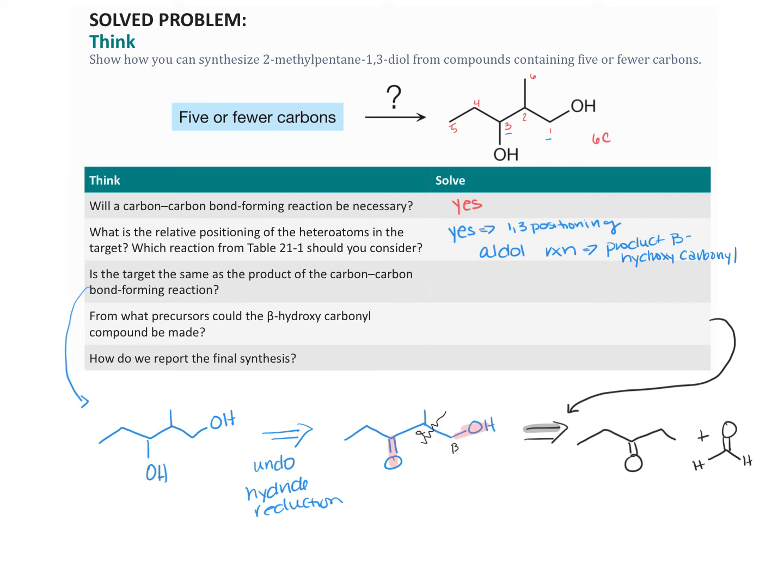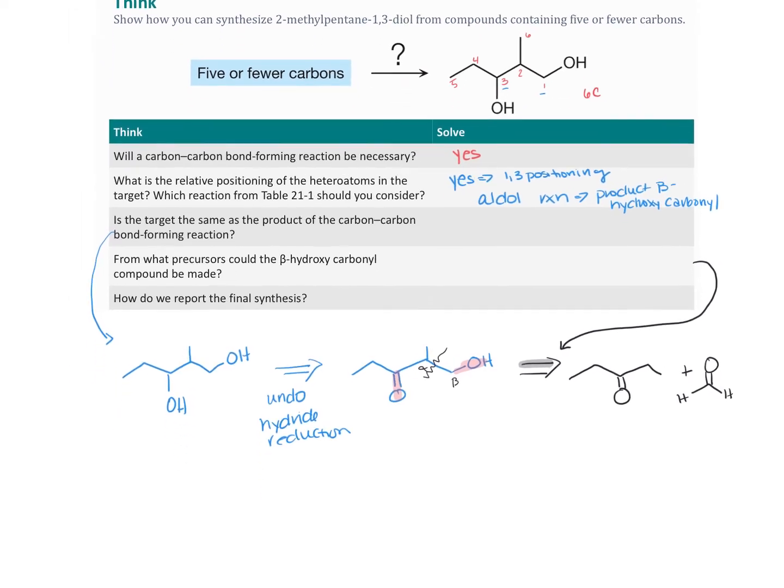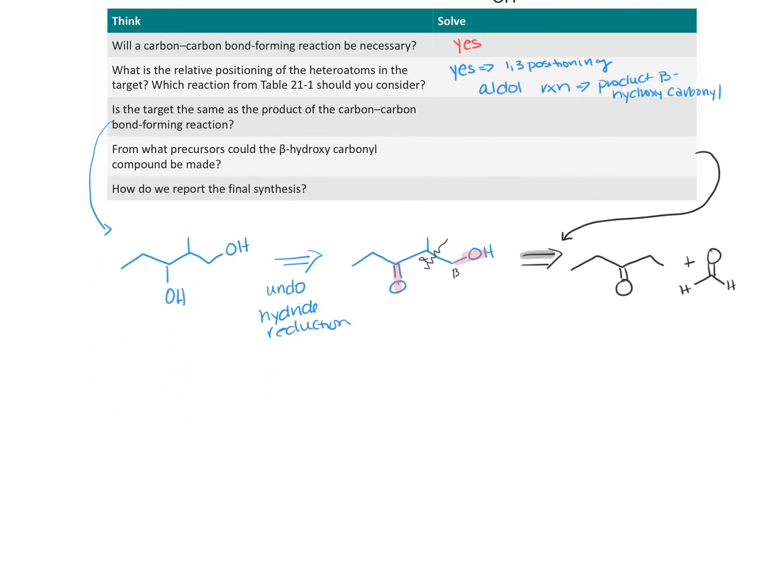So now we have to think, how do we report this final synthesis? And so we're going to look at it in the forward direction. So we look at it in the forward direction by saying, all right, and now we try to put together our reagents. To do this, we would need NaOH and NH4Cl and water.